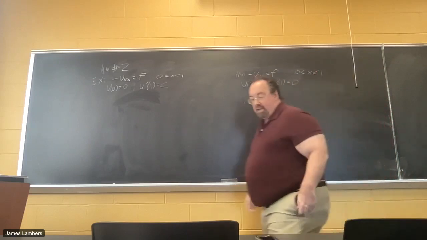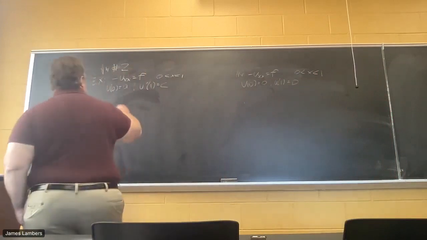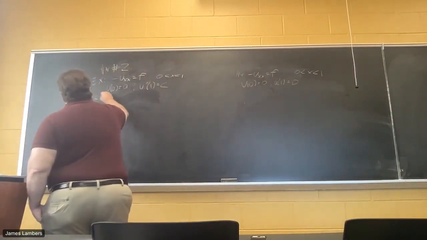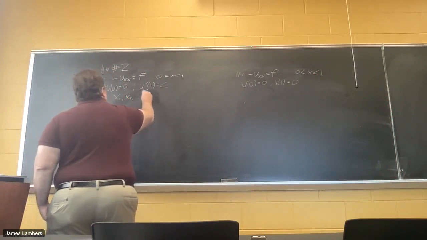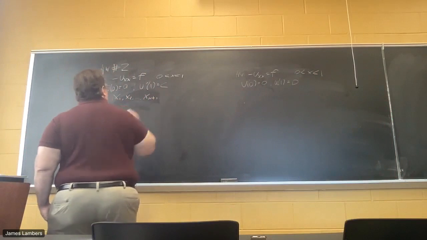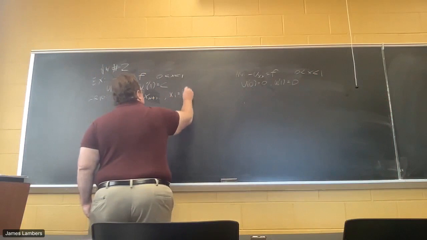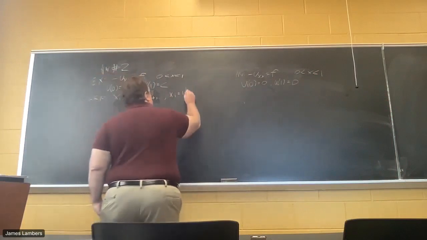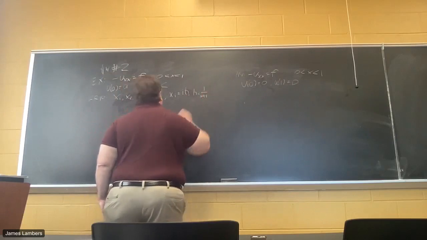Now, to recap what was done in this case, the grid is x_1, x_2, up to x_{n+1}, where x_i equals i times delta x, i h. h is equal to 1 over n+1.